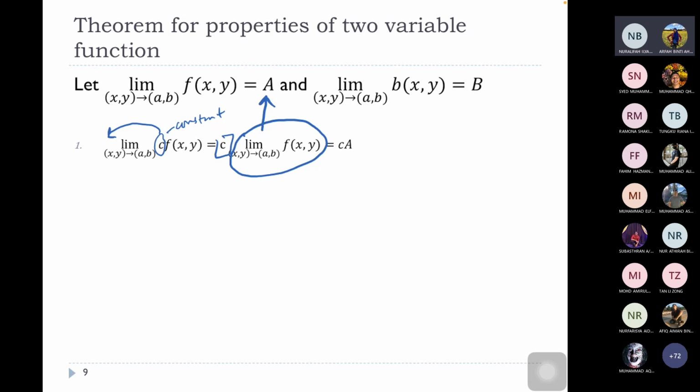That is the first property, if the limit is multiplied with a constant C.